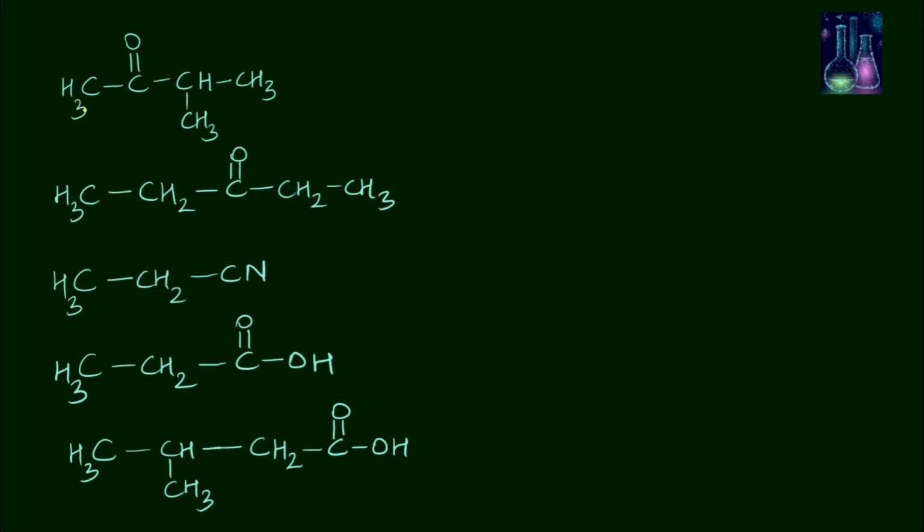Again, first identify the longest carbon chain containing the functional group. So here, this is the longest carbon chain and this is the functional group. This functional group is called a ketone. Now you have to give the least possible number, 1, 2, 3, 4. In this case, the methyl group is the substituent and you have to indicate the position of the ketone.